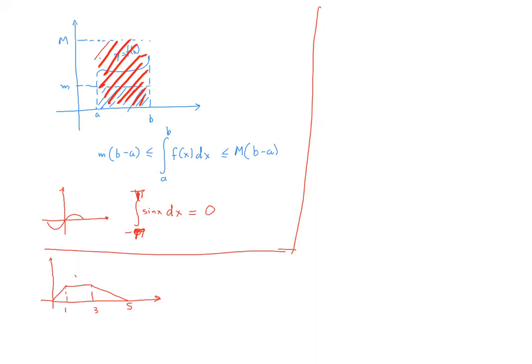Okay, and this is y equals f of x. So this could be described as a function whose graph is the broken line with vertices (0, 0), (1, 1), (3, 1), and (5, 0). And ask what is the integral from 0 to 5 of f of x dx.